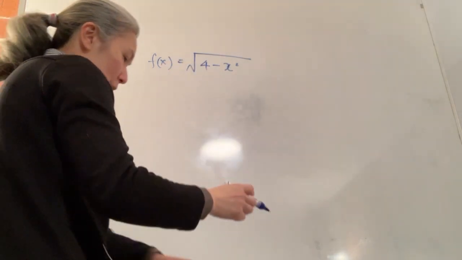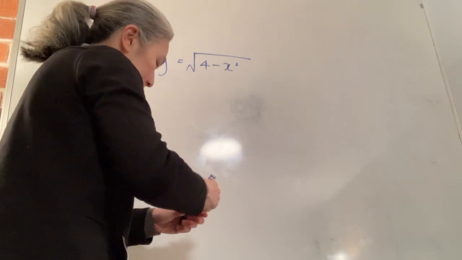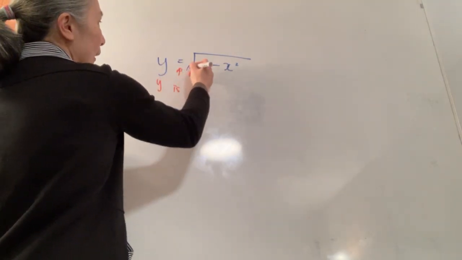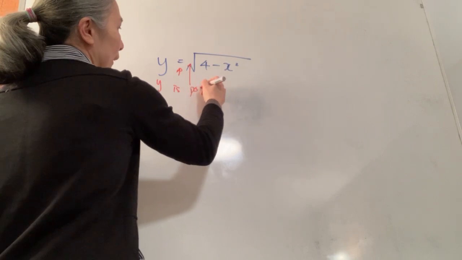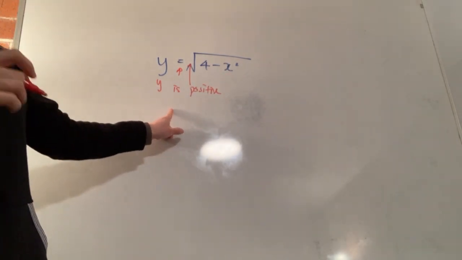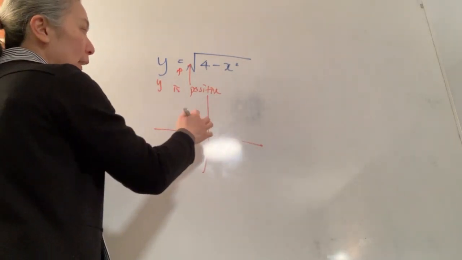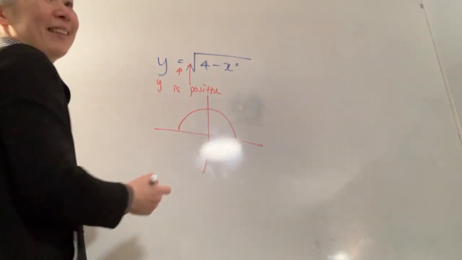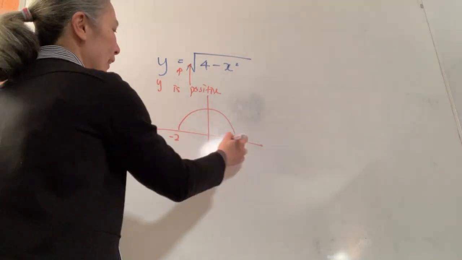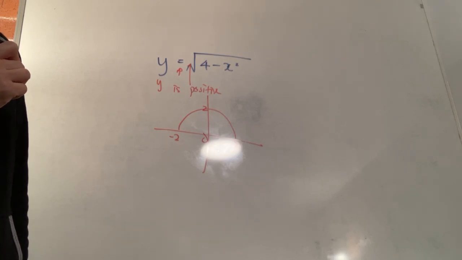So this is how you read it: y is positive. There is no negative in there. You know it's a semicircle and you know the y is positive. Semicircle with y positive must be on top. And it goes from -2 to 2. Yes. You know the domain. Is that all good?